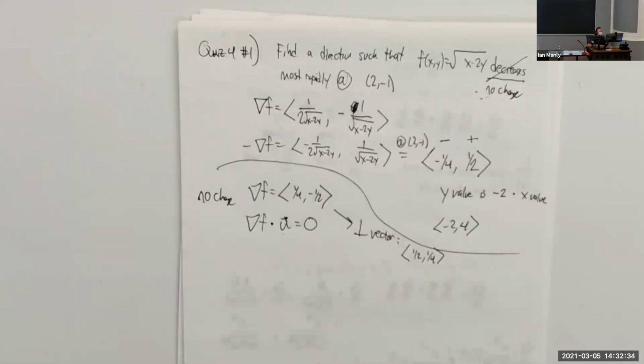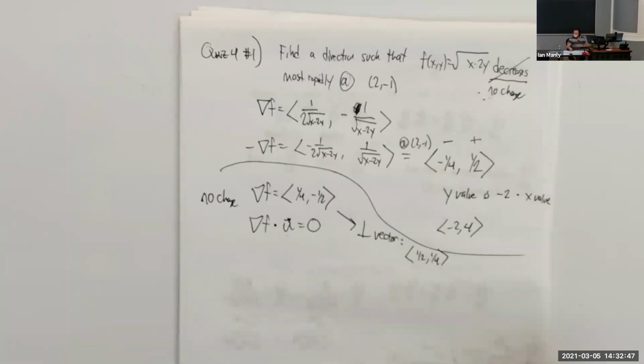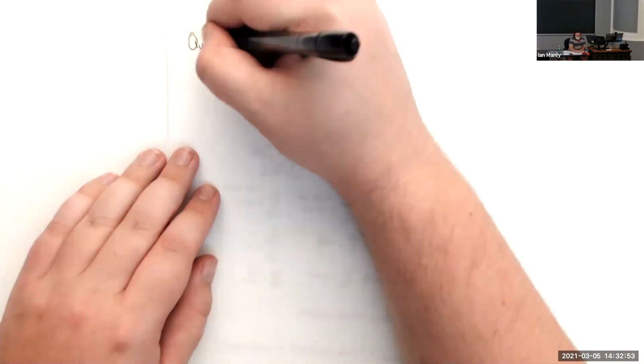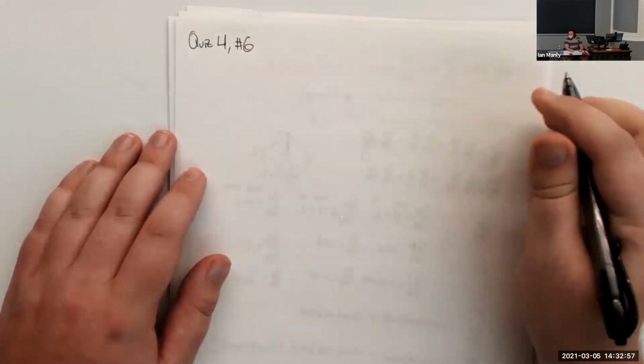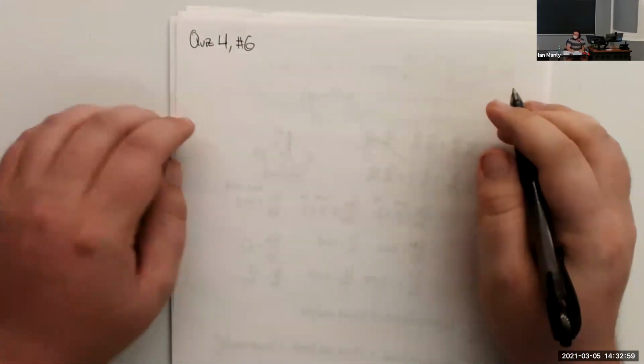All right, let's see. Okay, so this one's a Lagrange multiplier. So this is quiz 4, number 6. We get more practice with Lagrange multipliers here.